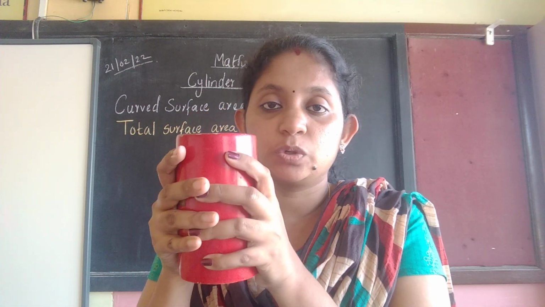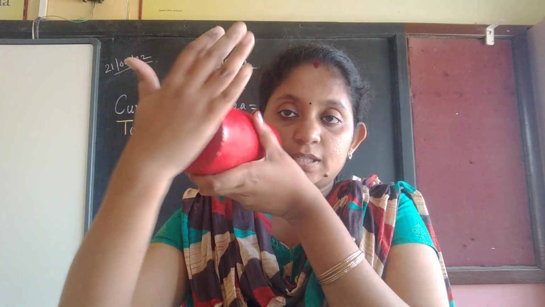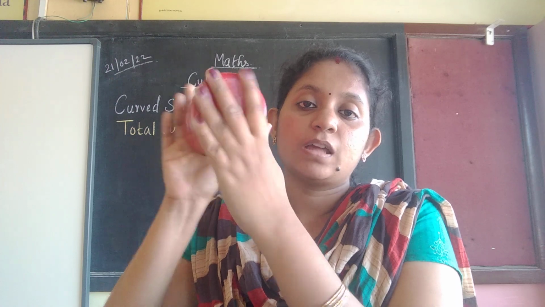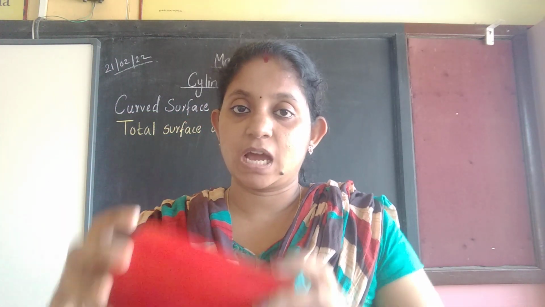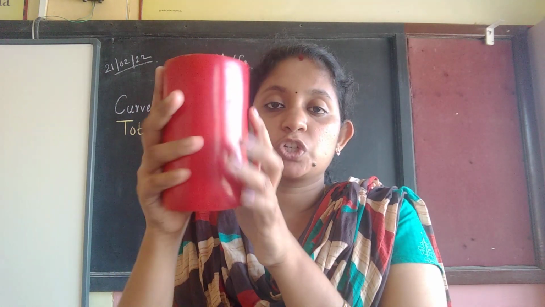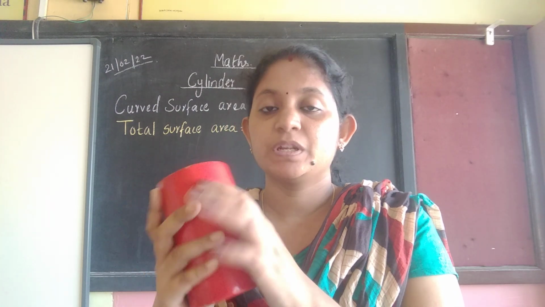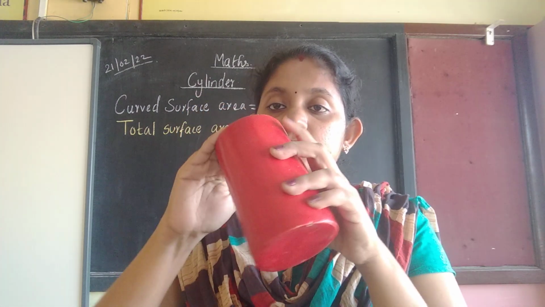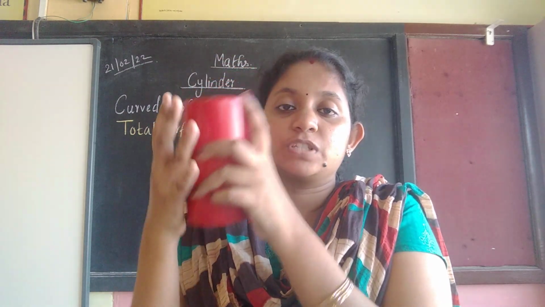And not only here, total surface area means what? This and this side, everything together is called the total surface area. If we need to find only the curved portion, it is called the curved surface area. Total surface area will include these two, top and bottom, as well as the curved surface area.